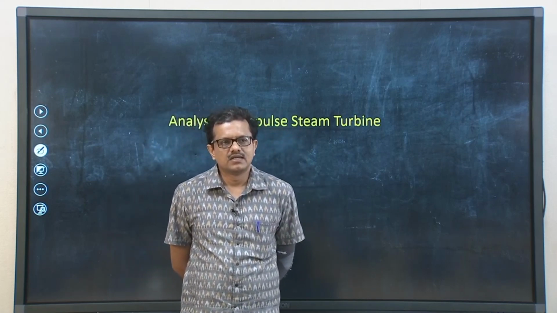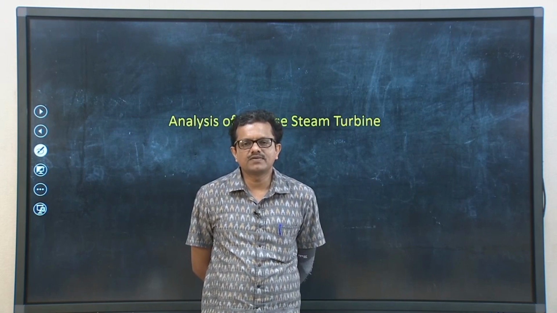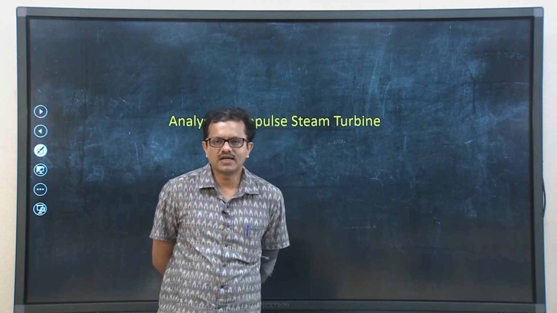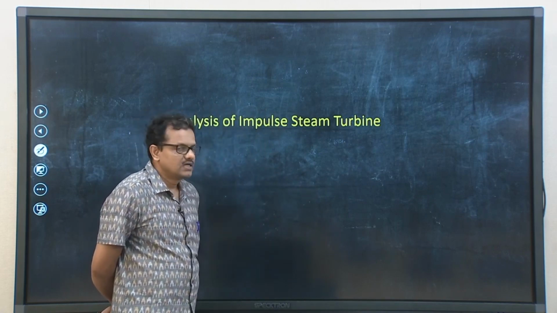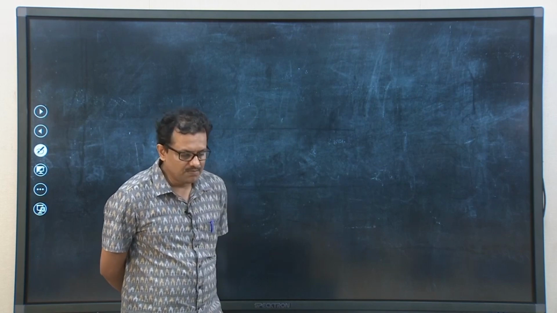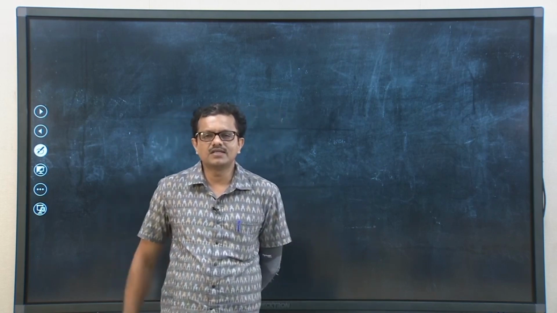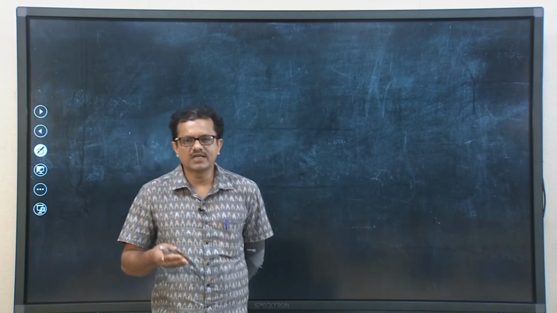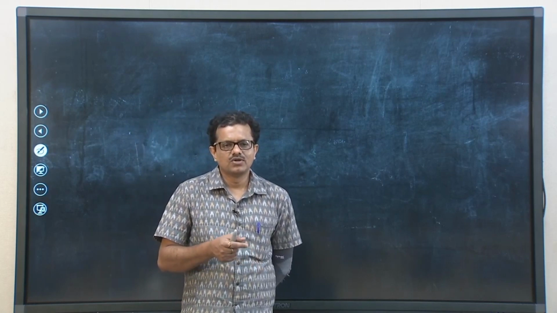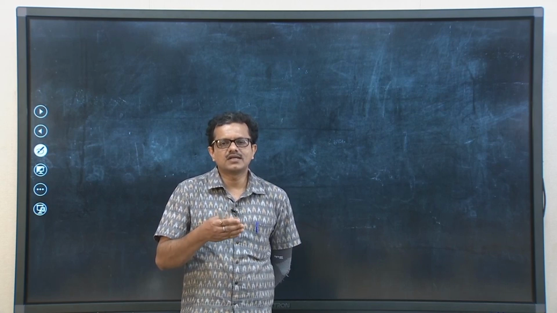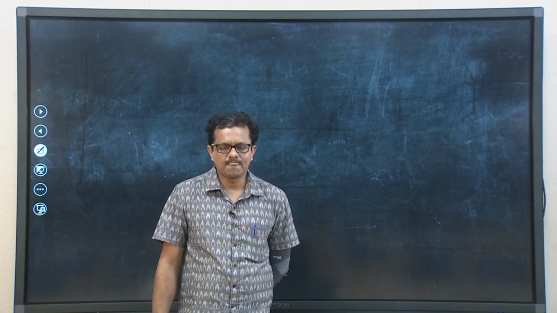suggests that the impulsive effect is responsible for the spinning or whirling action of the turbine wheel. What is that? The impulsive effect is nothing but the difference in momentum of jets which is deflected by the blades, and that is described by Newton's second law of motion.